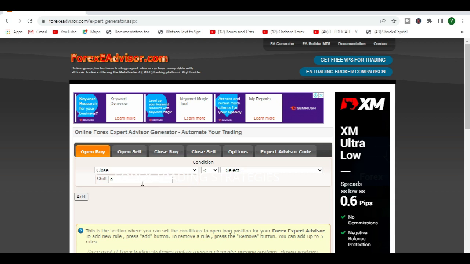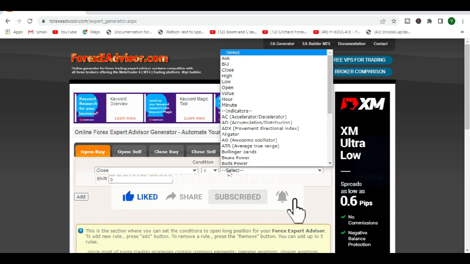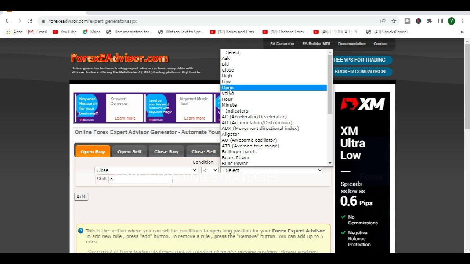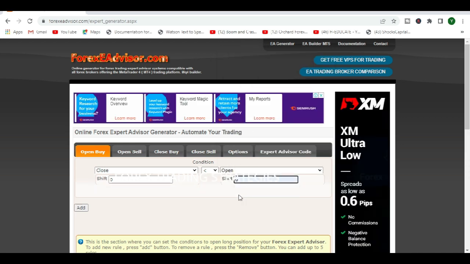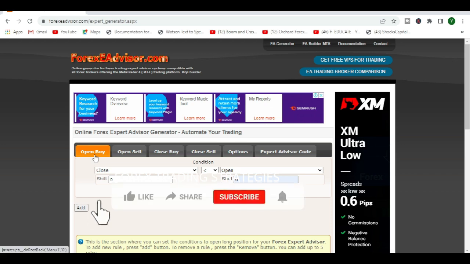So it needs to be lower. The closing price of the previous candle needs to be lower than the open price, the open of our new candle. That's our first condition. That's a condition for a buy.